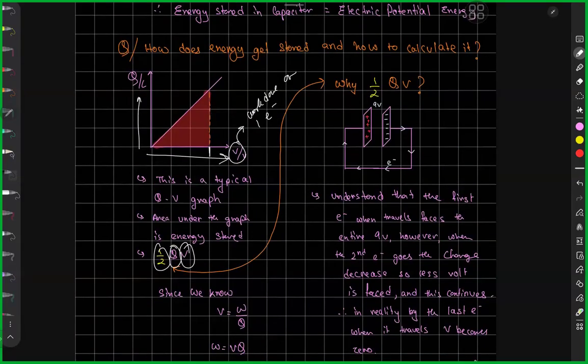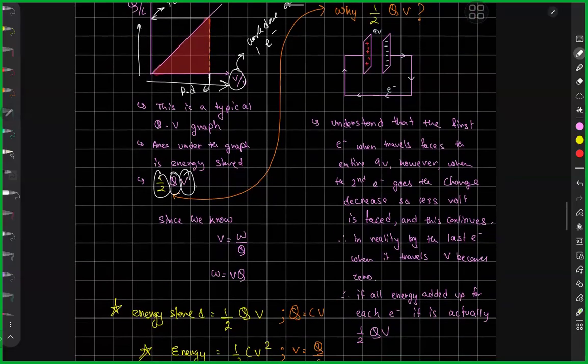So if this denotes the PD applied to the capacitor, and this denotes total amount of charge stored, then for that total charge stored, for a certain potential difference applied, how do we find the total work done in the entire process, or the total amount of energy stored? It is half times Q times V. Makes sense? Do we understand this? Yes. Are we good on this?